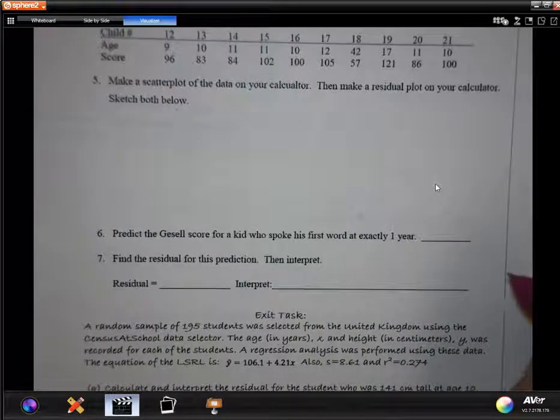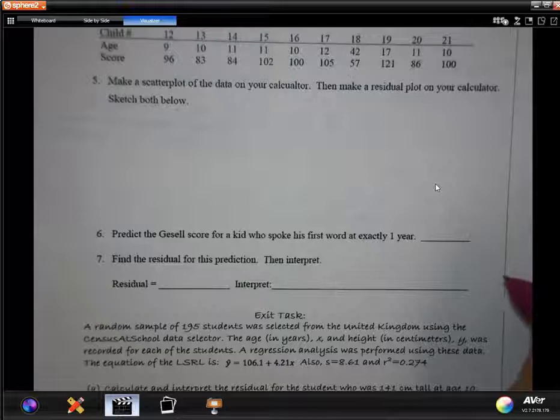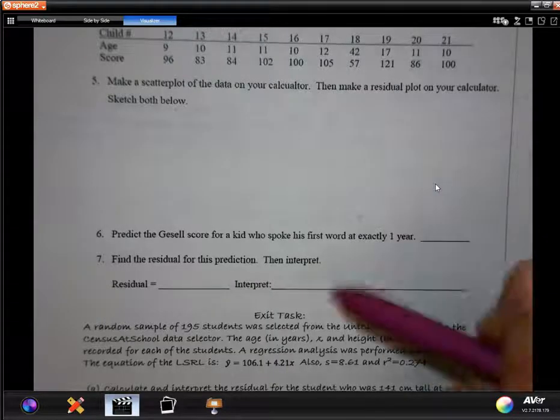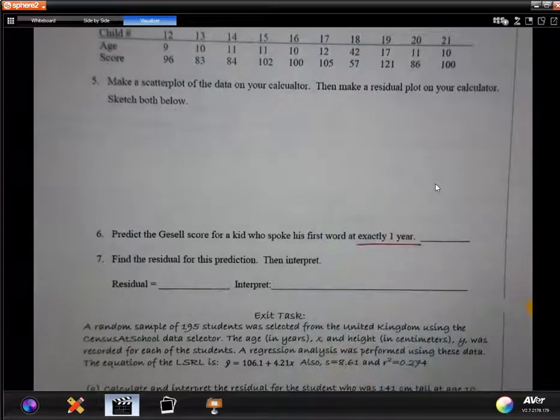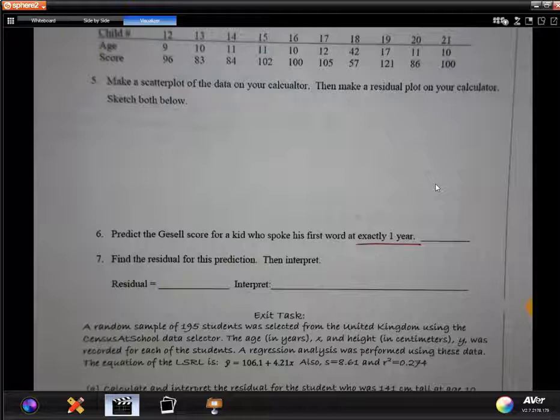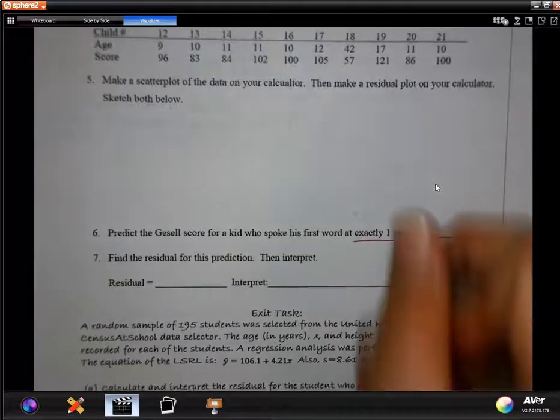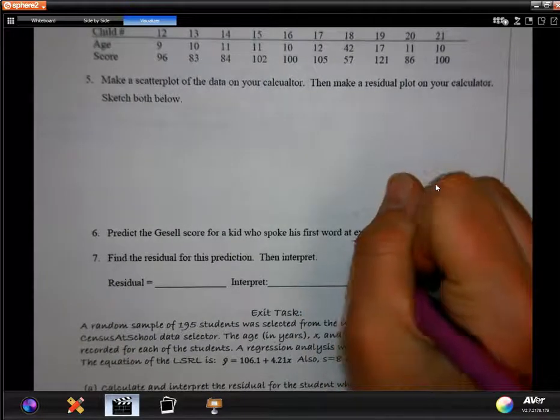All right. Predict the aptitude score for a kid who spoke his first word at exactly 1 year. Remember, the ages are measured in months, so 1 year is how many months? 12. Good job, Tanner.